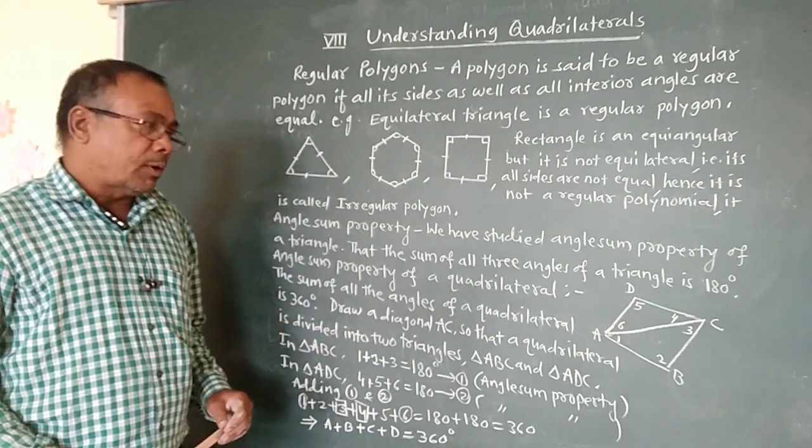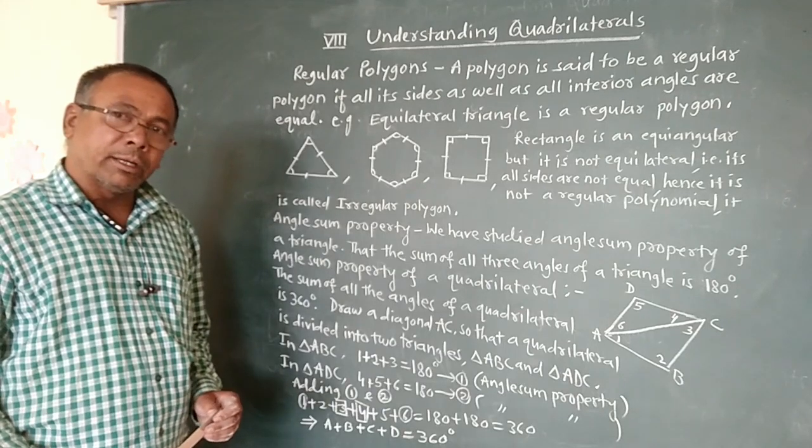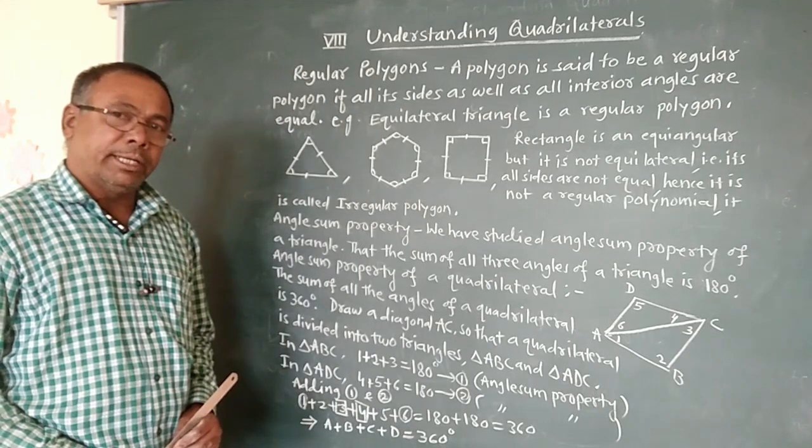That is, the sum of all the angles of a quadrilateral is 360 degrees.